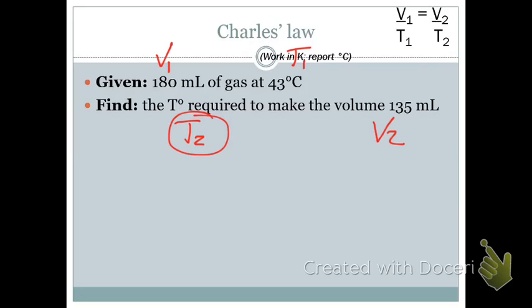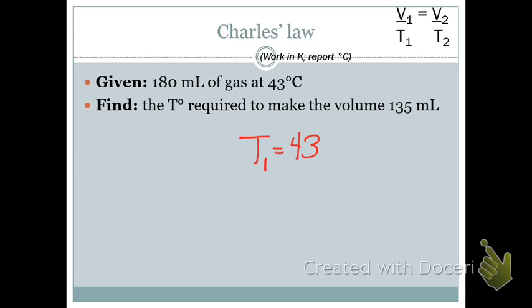So if I set this up properly, I have to find what my temperature is at 43. So T1 is equal to 43 plus 273, and 43 plus 273 is equal to 316 Kelvin.